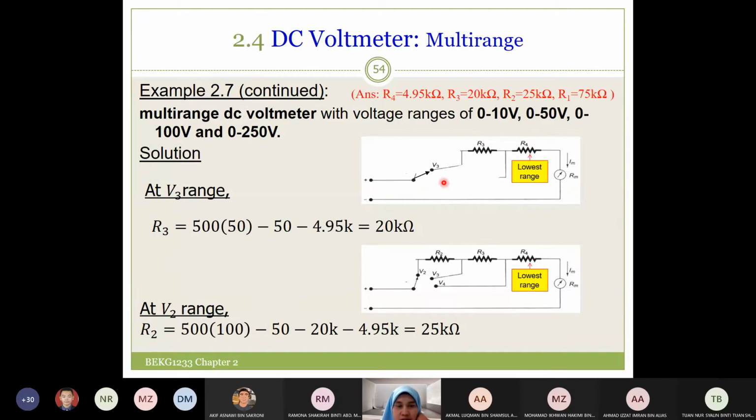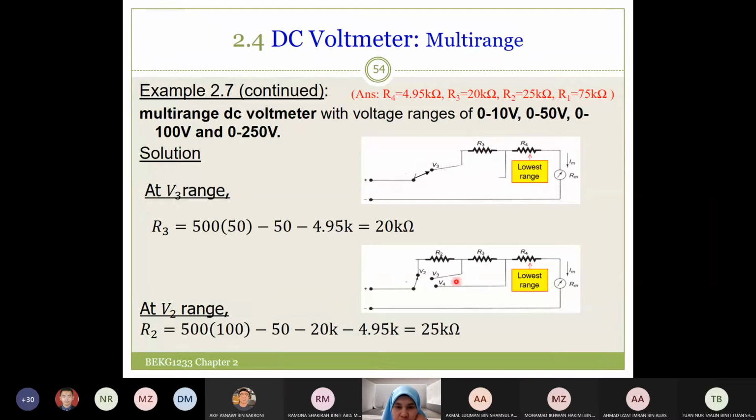R3 is equal to our total, S multiplied with V range, minus RM which is 50 and minus R4. R4 is 4.95K. So S multiplied with V range becomes 500 multiplied with 50 because we tap at V3, and V3 is 50 volts. We get 20K. So RS3 here is 20K.